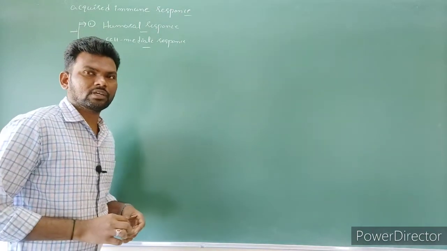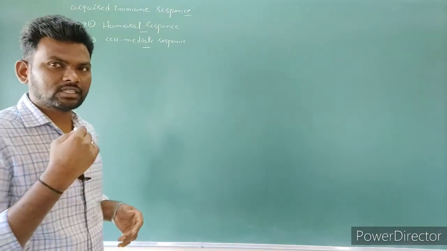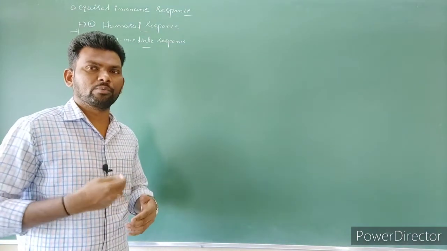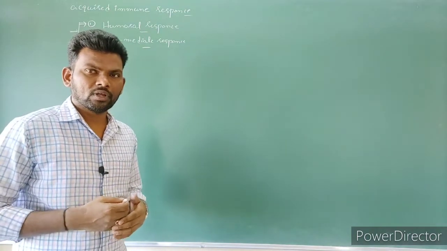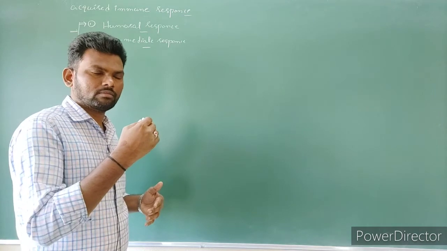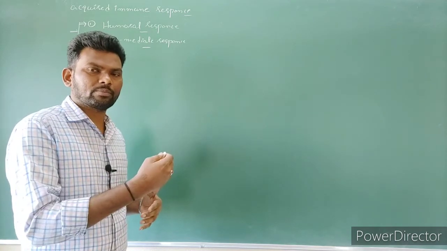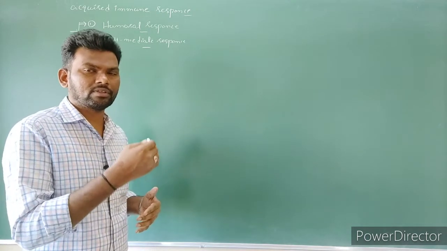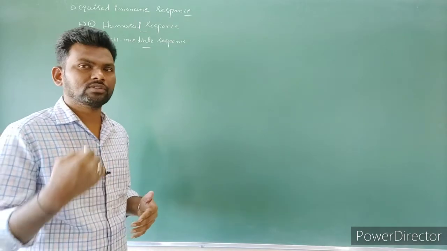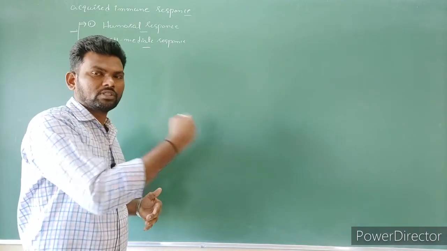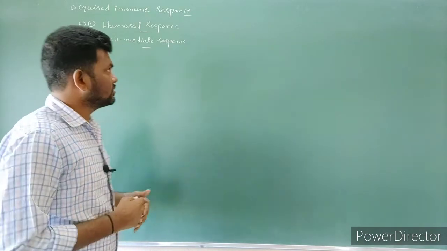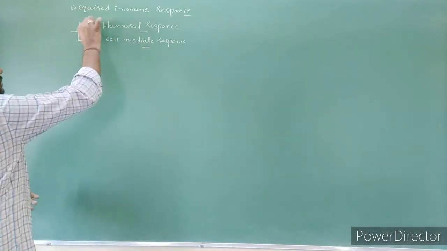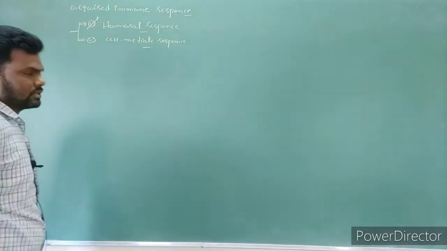When an antigen enters the body, our immune system automatically activates. Next, B lymphocytes produce plasma cells. Plasma cells divide to produce antibodies. These antibodies are going to bind with the antigen, so this comes under humoral response.